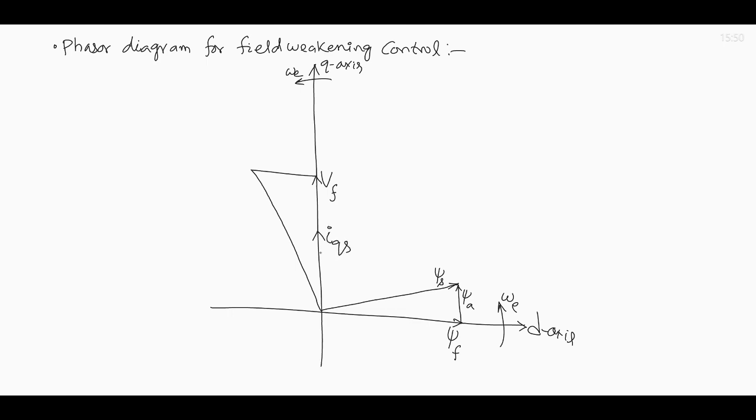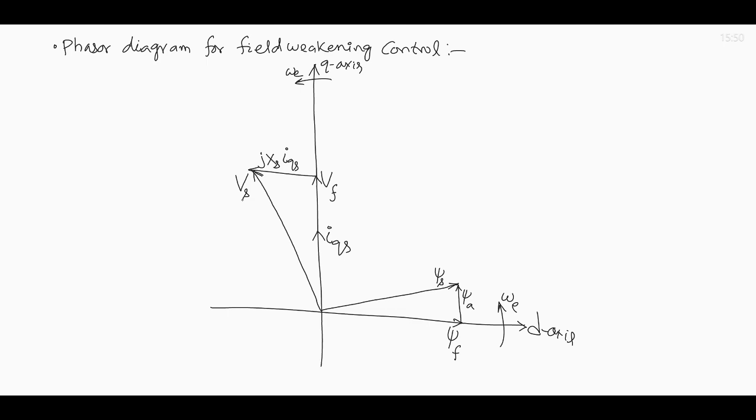This is for constant torque operation, and because I q s is here, we have j x s into I q s at right angle to I q s, and phasor sum is V s, stator applied voltage V s. Okay. This is the phasor diagram for constant torque operation.